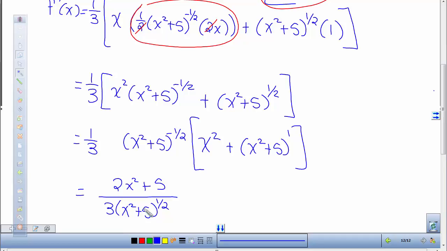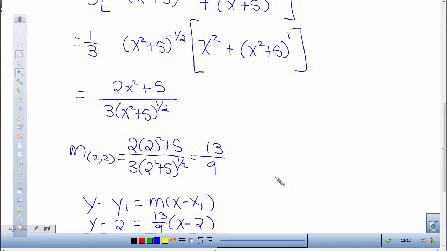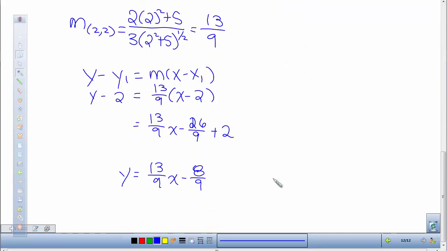Okay, could you show the final slope formula? Okay, questions about that?